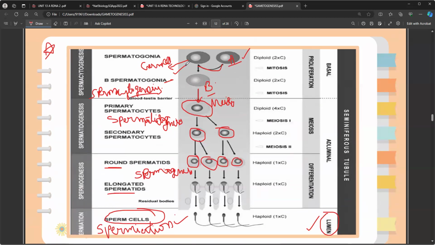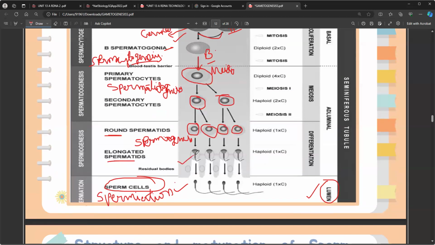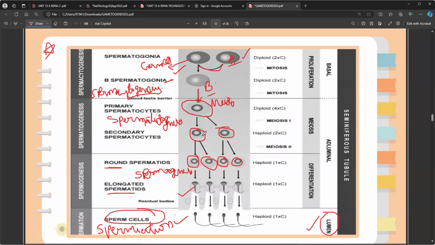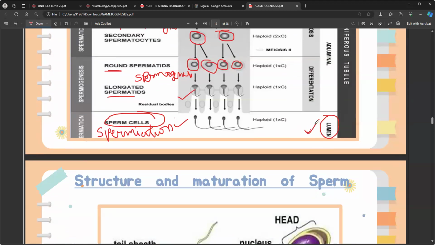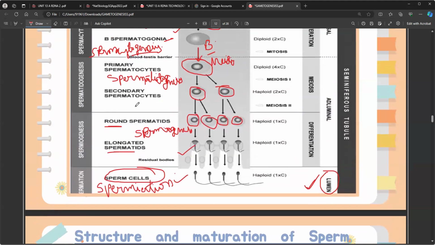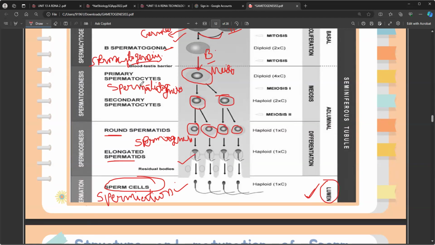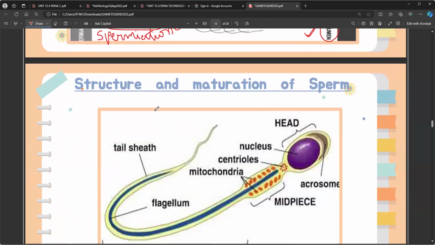From the spermatogonia till spermiogenesis, they are actually formed on the membrane of the seminiferous tubule. But once the sperm is released, it is released into the lumen. So it is very important that you remember these terminologies compulsorily for the exam.